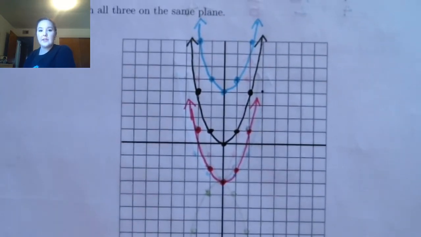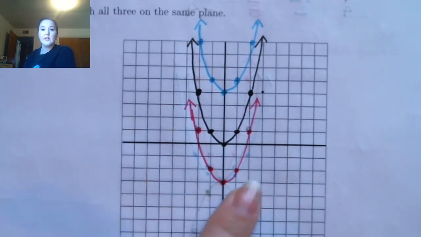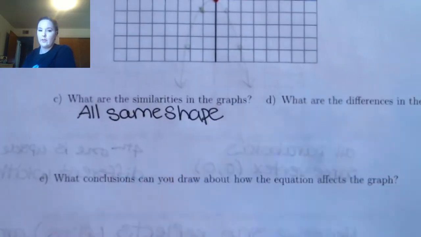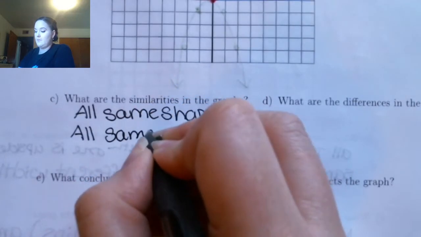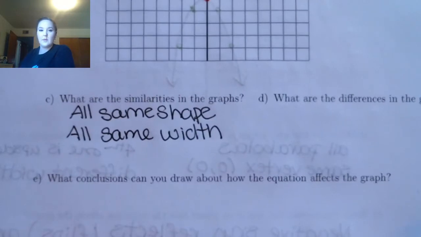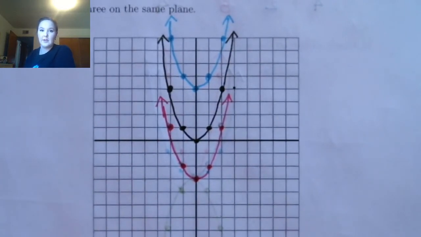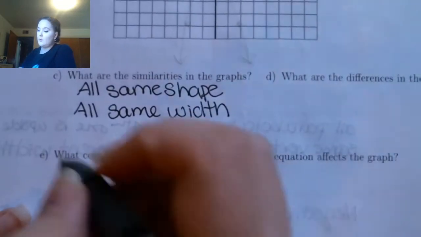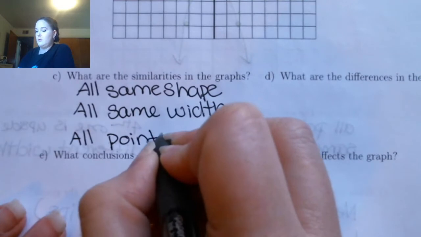In this one, I think it's important, especially because last time we talked about the width, to say that these are all exactly the same in terms of width, and we can say they're all pointed up.